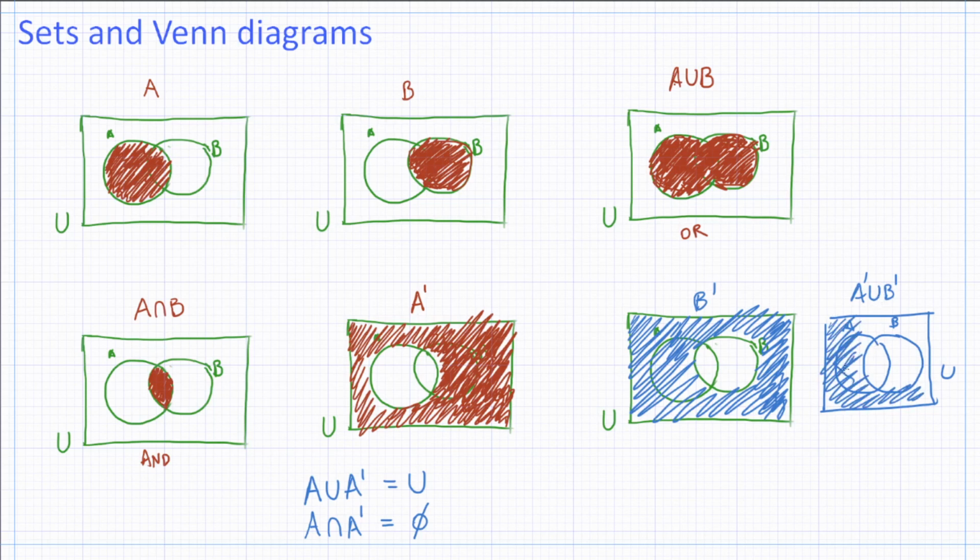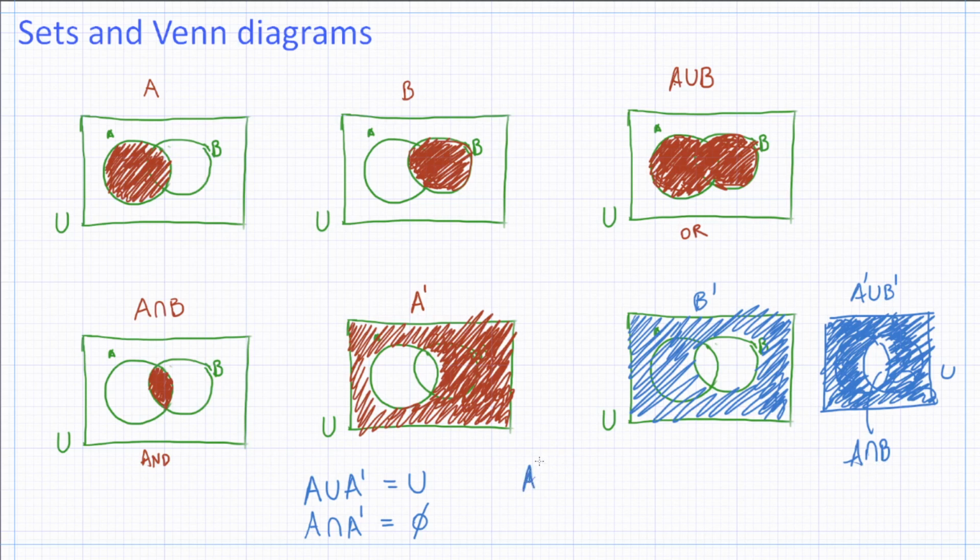This is union, right? So we're going to add them. If you shade everything which is shaded in not A, and you shade everything which is shaded in not B, what you have here is everything except the intersection.